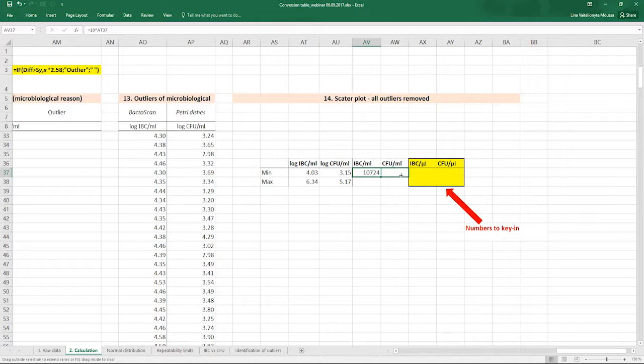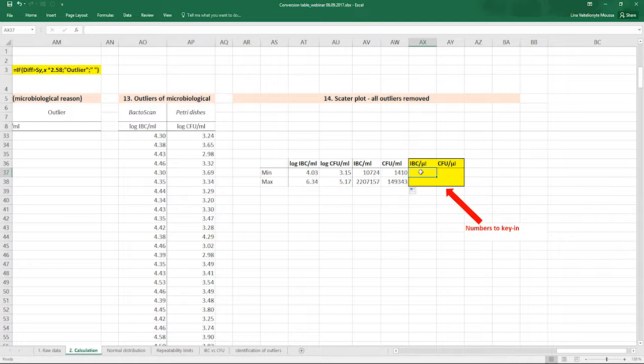Just drag the formula to the side so you will get CFU per milliliter. So 10,724 IBC per milliliter equals 1,410 CFU per milliliter. And also drag this down so you have minimum and maximum per milliliter.